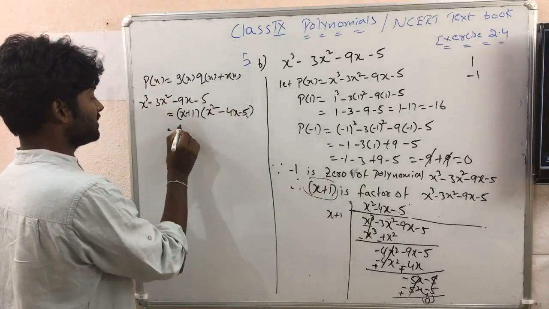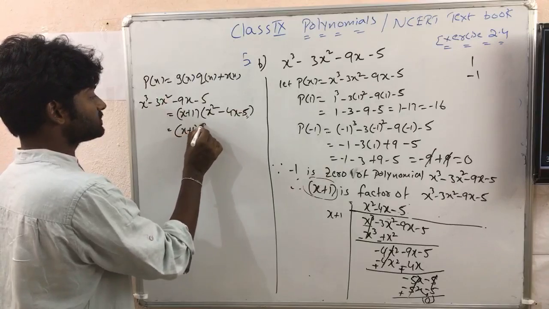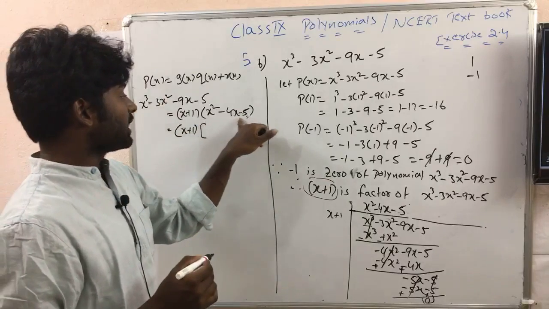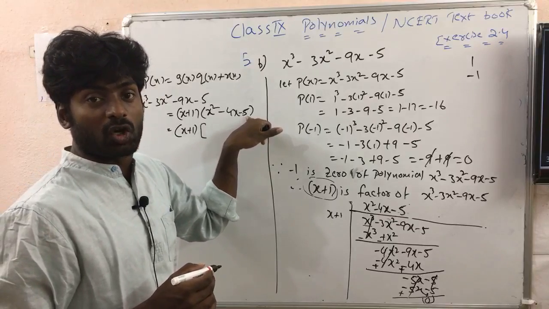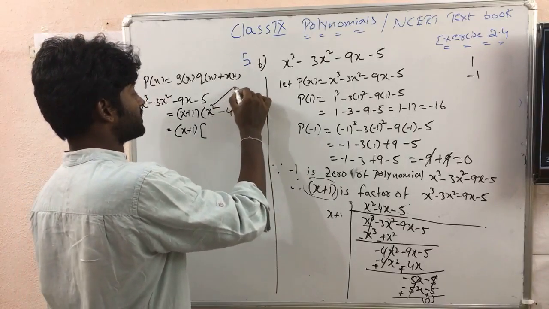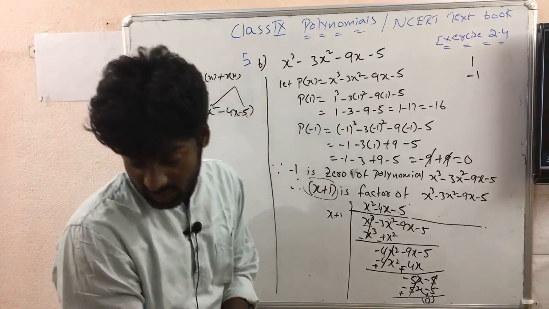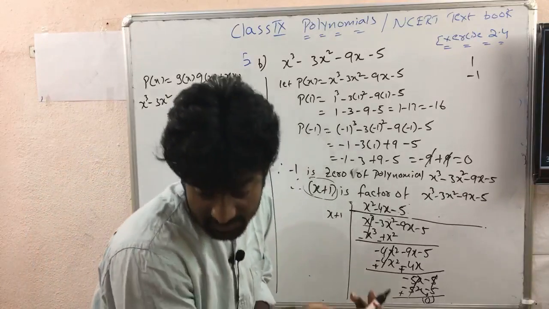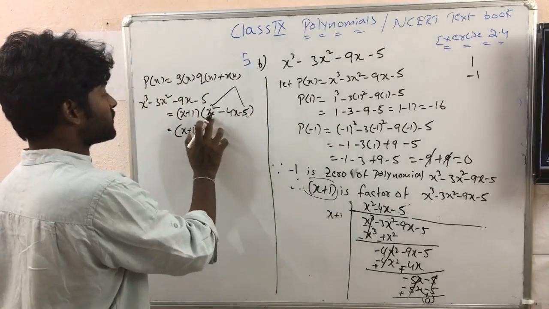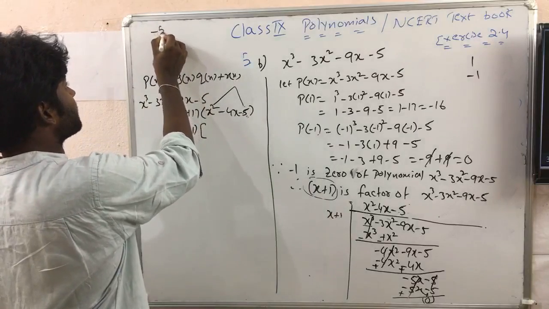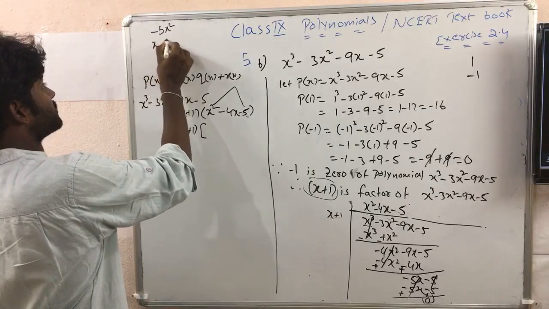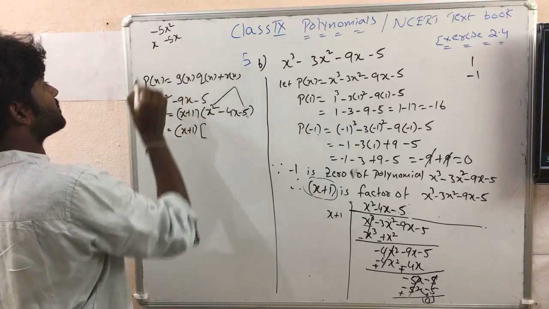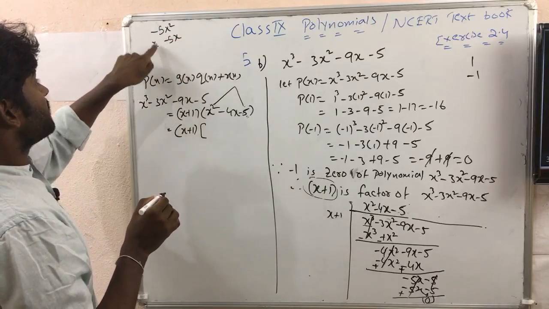Now see, x plus 1 into this quadratic polynomial. When splitting the quadratic polynomial, first of all we multiply the x square term with the constant term. Minus 5 into x square, you will get minus 5x square. Write the factors for this: x into minus 5x, because minus 5x into x gives minus 5x square.